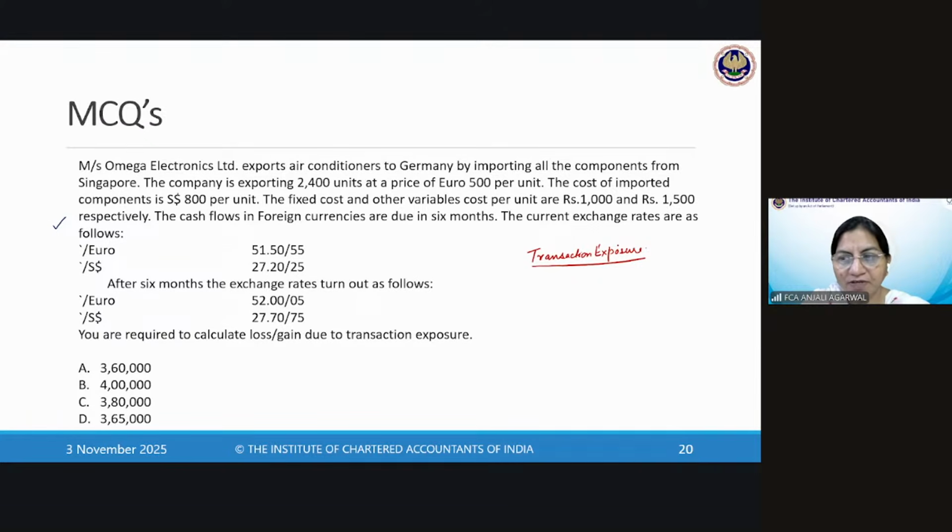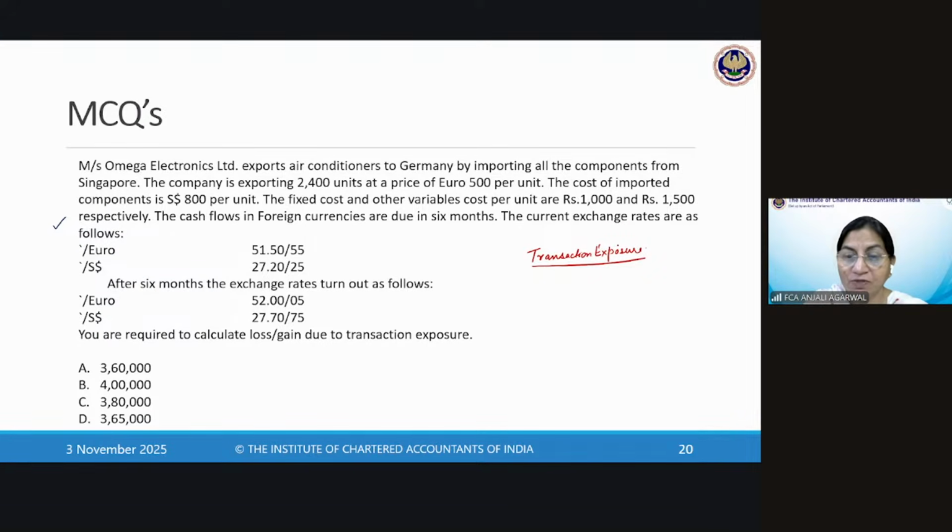If you have subsidiaries in different countries, you have a balance sheet and an income statement in those countries also in the local currency. But when you prepare a consolidated statement, you translate all those figures into your home currency or the reporting currency. So sometimes you have a translation exposure. All your items of profit and loss are taken at average rate.